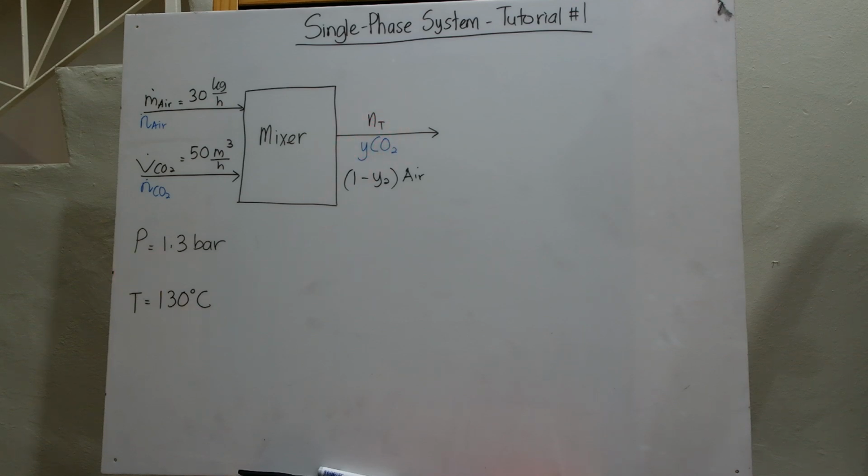Okay, and then we know the CO2 information at this line: P equals 1.3 bar and T equals 130 C. So if we have this information, it's easy for us to convert it to molar flow rate because we can use PV equals nRT.